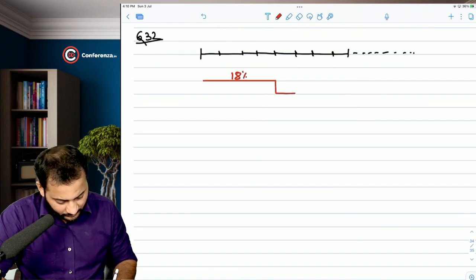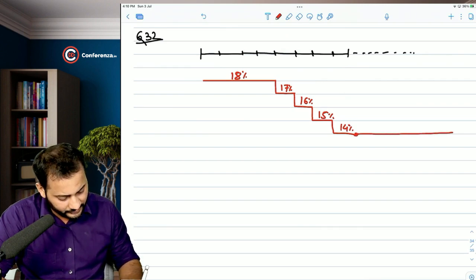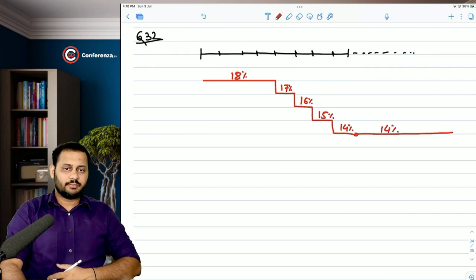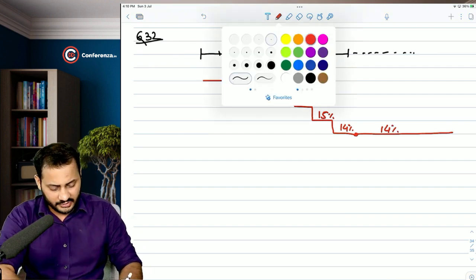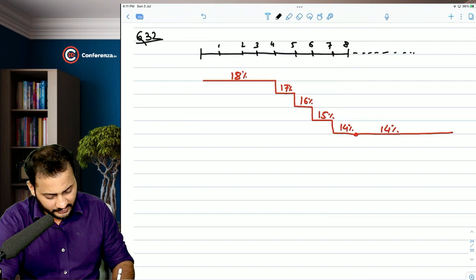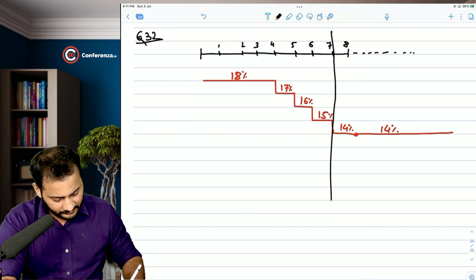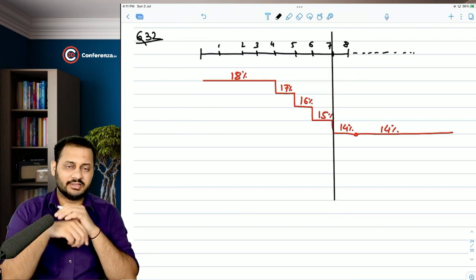Then it came down to 17% in the next year, came down to 16% in the next year, and then 14%. And then they say that it stabilized perpetually at 14%. So practically speaking, after the 7th year itself, it started stabilizing. If you see, the change is only till the 7th year, and after the 7th year, it is at the same rate.